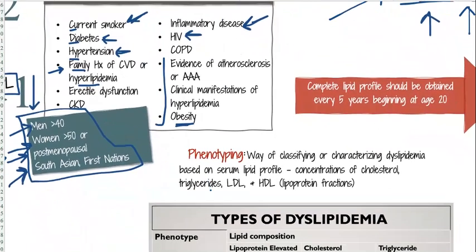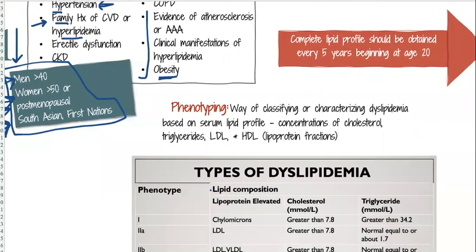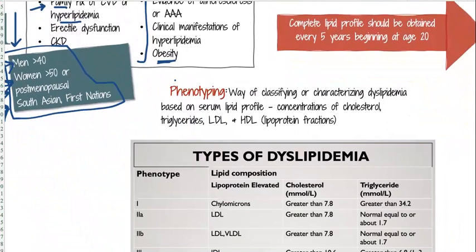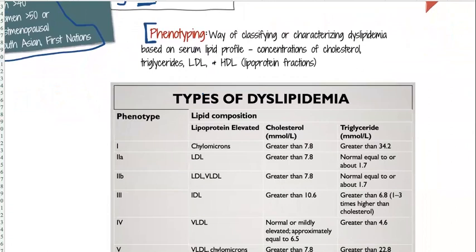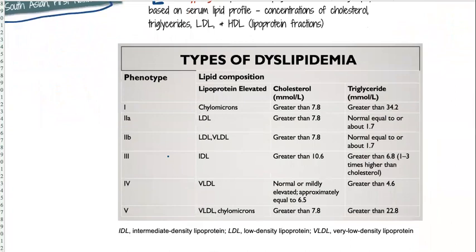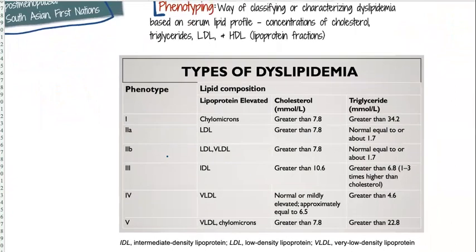patients. And how do we kind of break that down? They use phenotyping, which for the purposes of your exam, all you really need to know is that it's blood work, and it's a way we take blood and then classify patients based on the characteristics of their dyslipidemia. So you do not need to memorize this. You just need to understand that there are different classifications of dyslipidemia, and it depends on what's affected and what isn't, right?